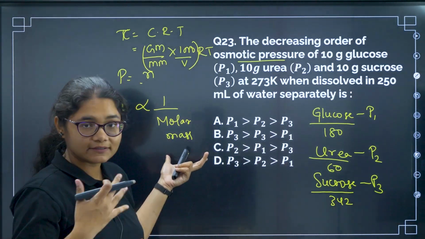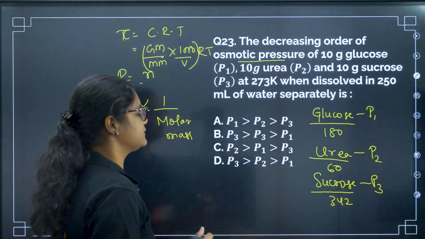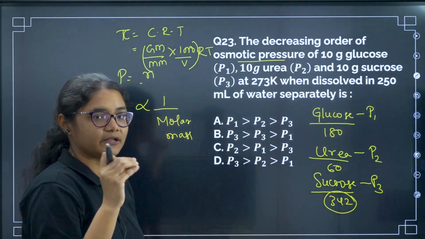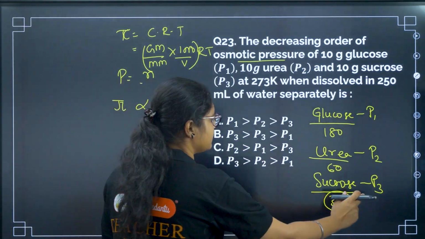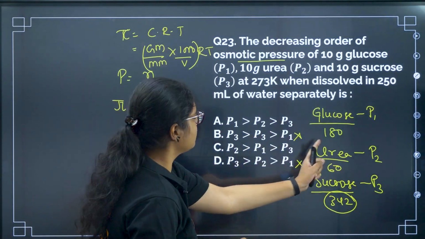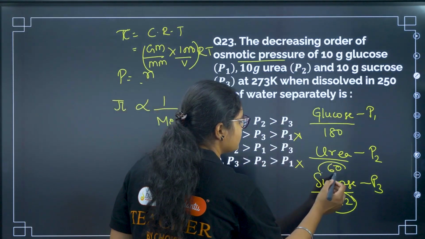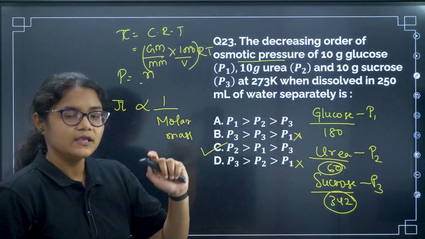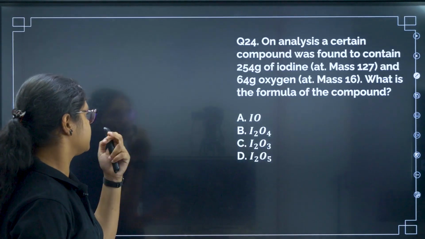So where the molar mass is more, the osmotic pressure will be less. So sucrose is having the highest molar mass, so the osmotic pressure will be least. So P3 will be least. So we can eliminate these two options. Now P2 will be highest because it has the least molar mass. So correct answer is option C. Easy little application based question.